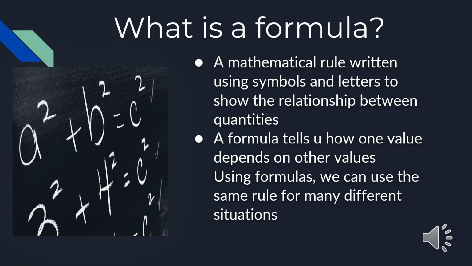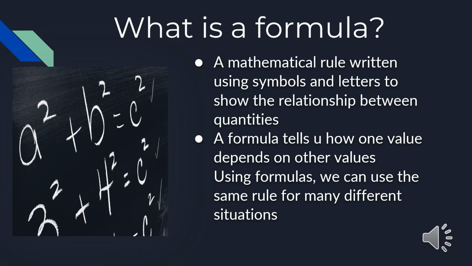Let's make an example with the formula for the area of a rectangle. The formula would be A equals L times W, which means that for us to calculate the area of a rectangle, we would need to multiply its length by its width.